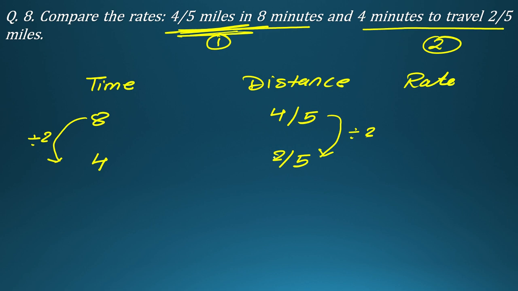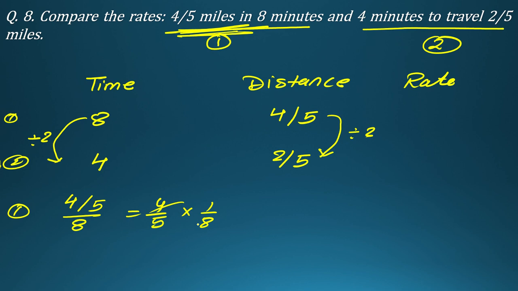And if you don't want to do it like this, then you can write it like this also. This is 1, this is 2. So the rate for 1 is 4 by 5 divided by 8, meaning 4 over 5 times 1 over 8. So this is 1 over 10.